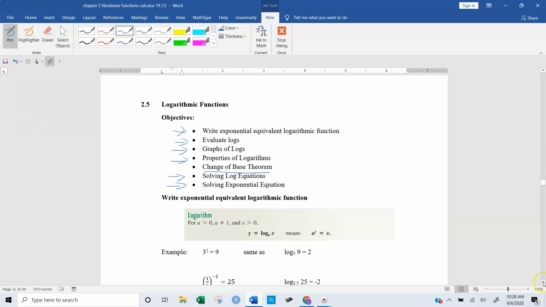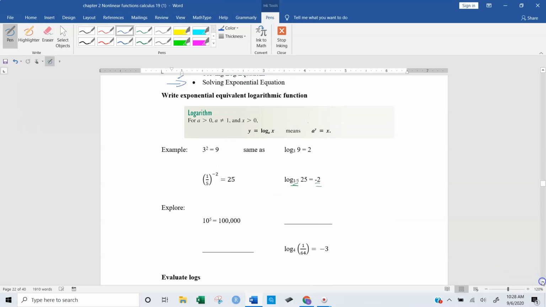All right, step one, how do we write them? You are used to seeing this, a to the y equals x. So let's put this into numbers. Let's say this is 2 to the x equals 8. You're used to a base, an exponent, and an answer, correct? When you do logs, the base is still there. It's log base a.